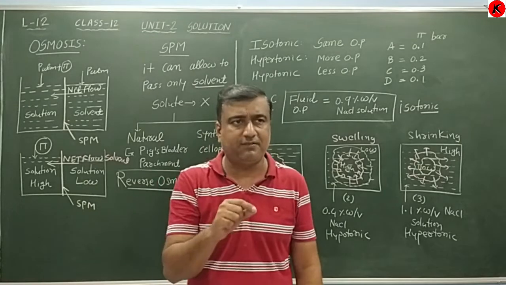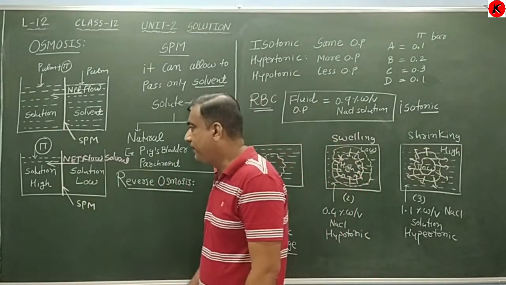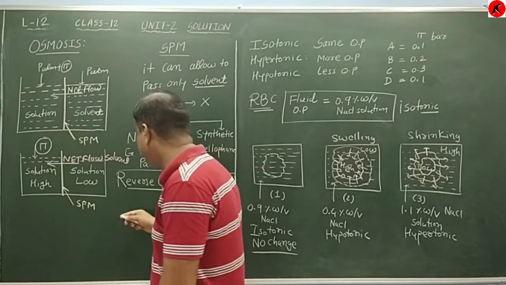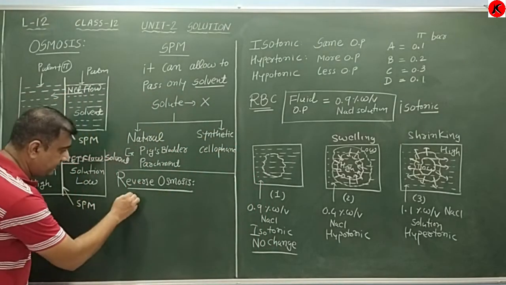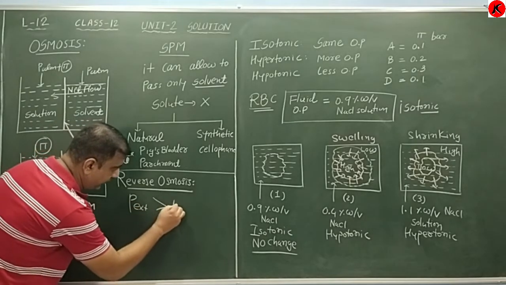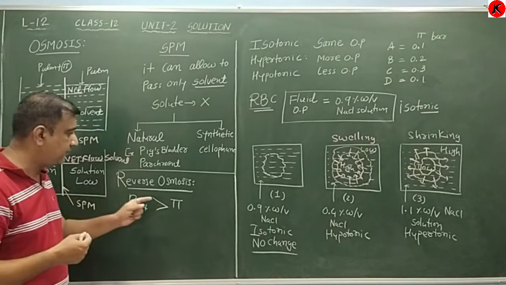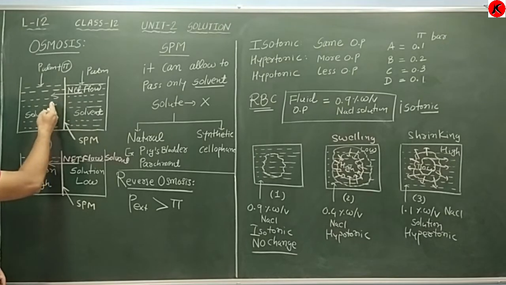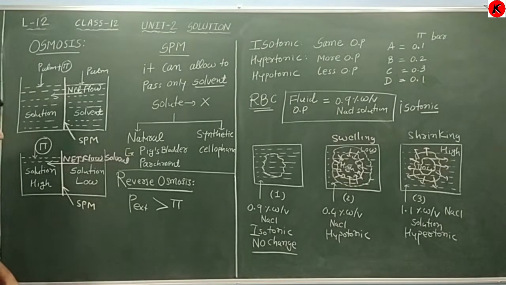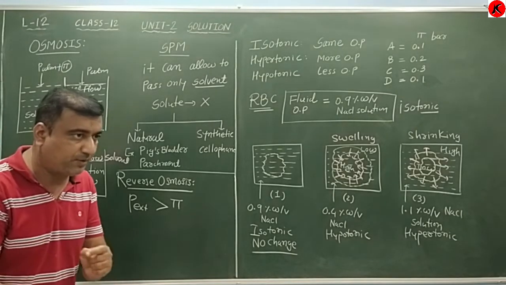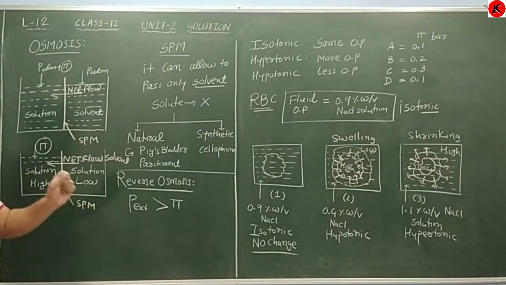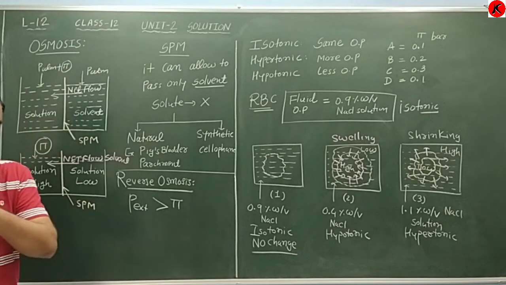When P external is greater than the osmotic pressure, applied on the solution side, the flow of the solvent becomes reverse. This is known as reverse osmosis.